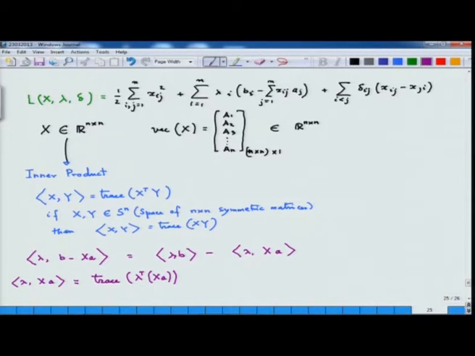Because lambda transpose X A is just a number, it is a 1 cross 1 matrix, so its trace is that number.